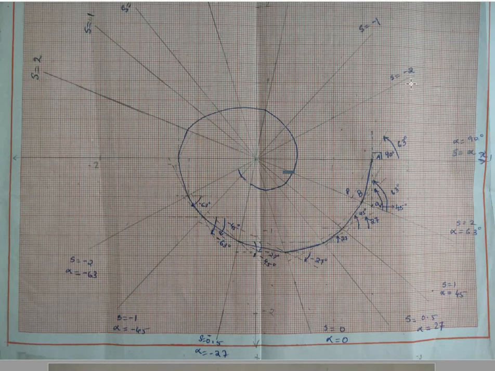For s is equal to minus 2, I have taken the points as x1 is equal to 1 and x2 is equal to 0.6. That we can see here, this is 1 unit.